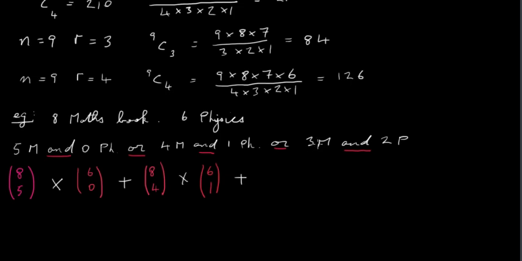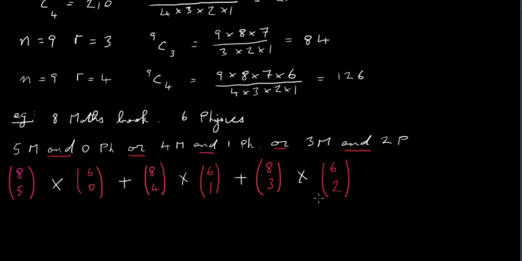We have to choose 3 maths books from 8 maths books, so that's 8 choose 3. We've got an and here again, so that means we're going to multiply. And finally we have 2 physics books to choose from 6, so that's going to be 6 choose 2, and that's it. So this is our English sentence here, this is our math sentence here, if you like.